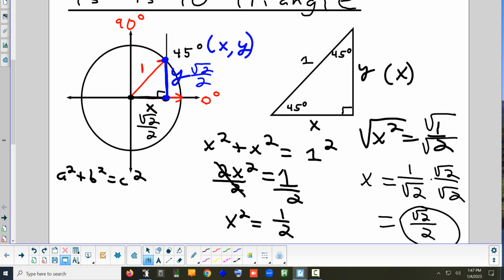So now let's erase the x and y and fill in the actual length. How long is the side that I label x? Square root 2 over 2. And how long is the side that we labeled y? Square root 2 over 2.